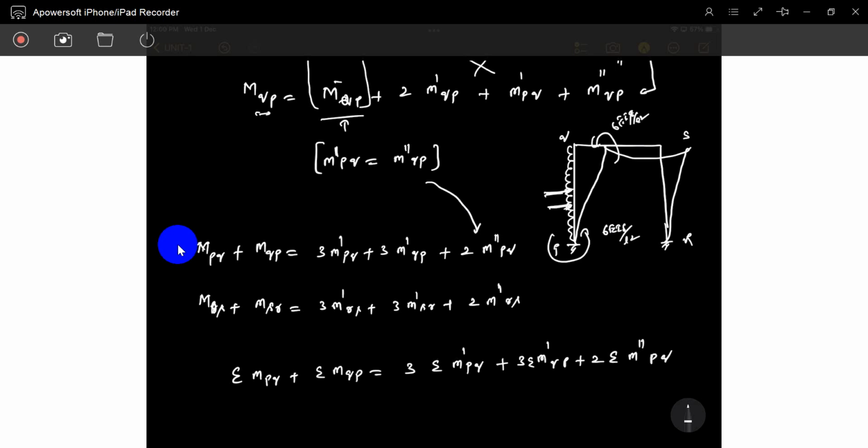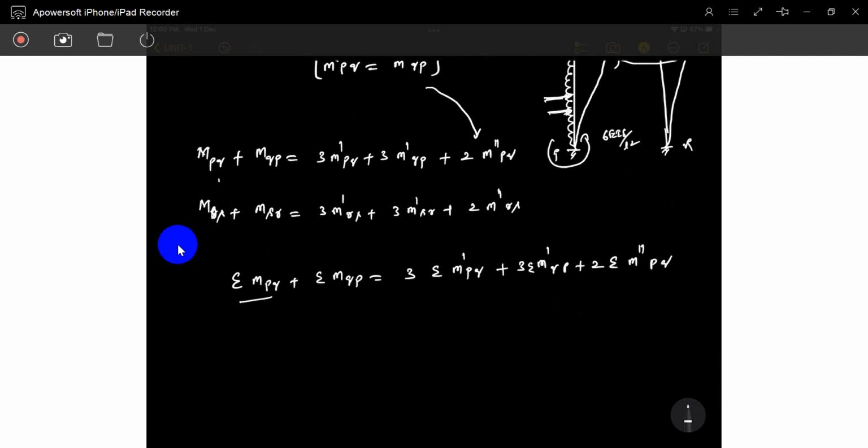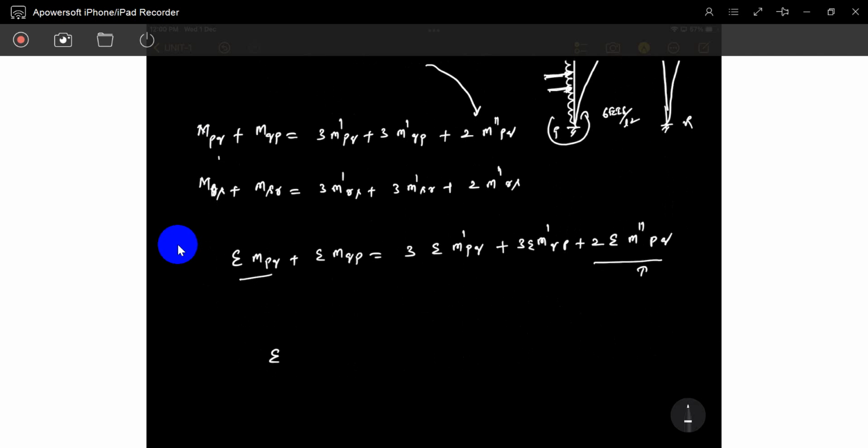Translational contribution. That's it. 3, 3, 3. This means PQ, RS, TU, everything. Now just separate this value. What will happen? Sum of the total translational moment is equal to, what will you get?